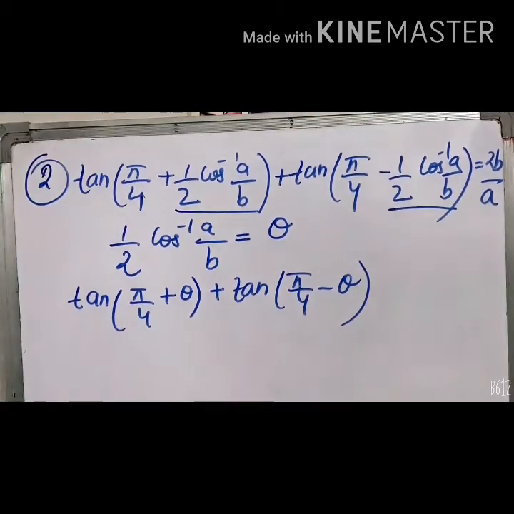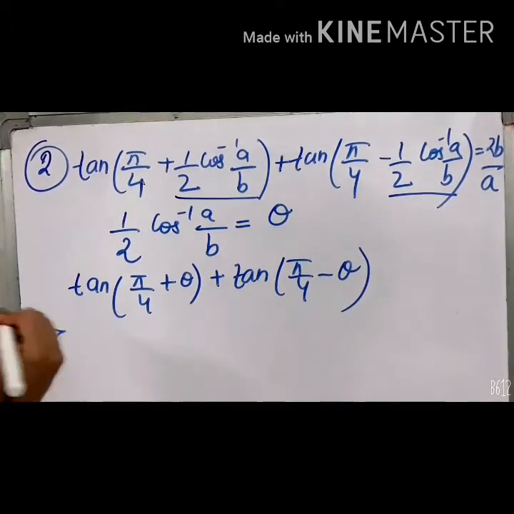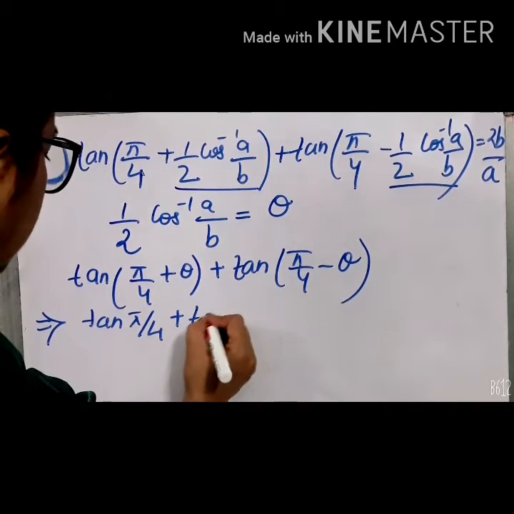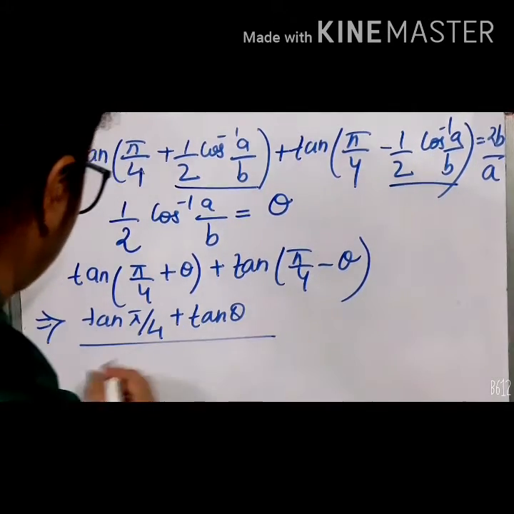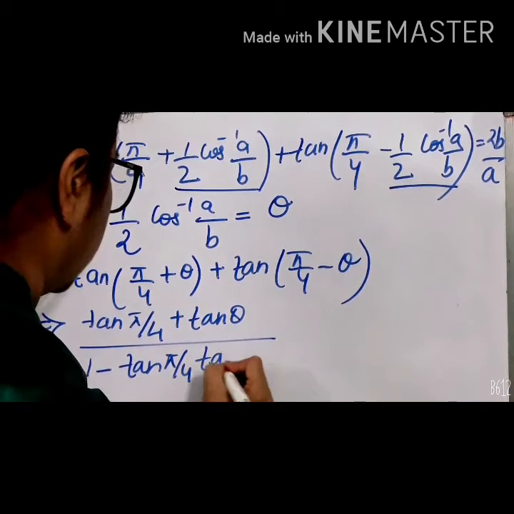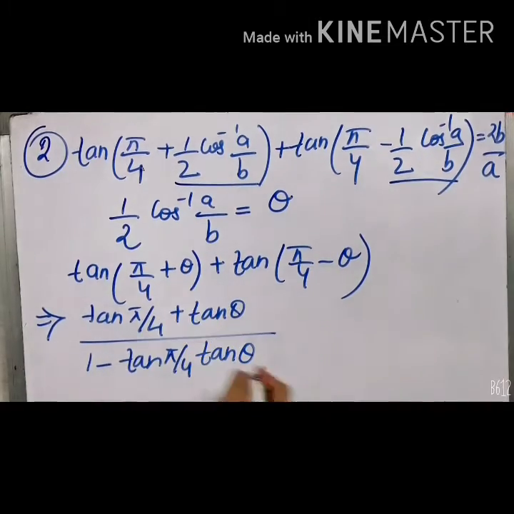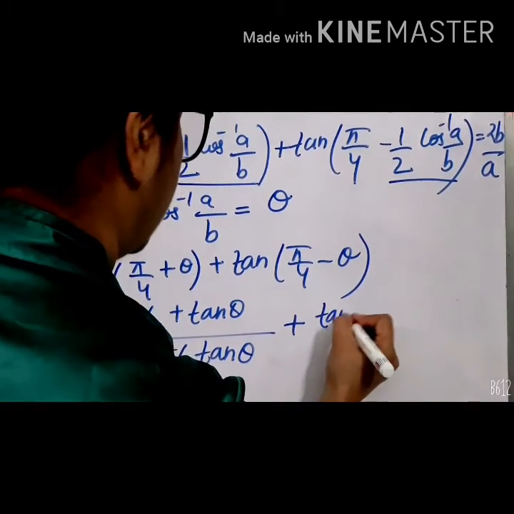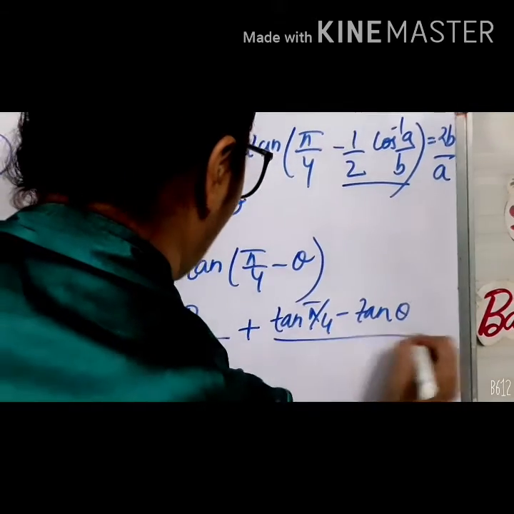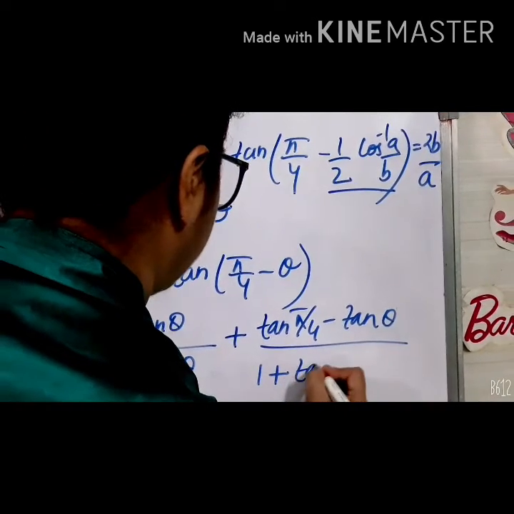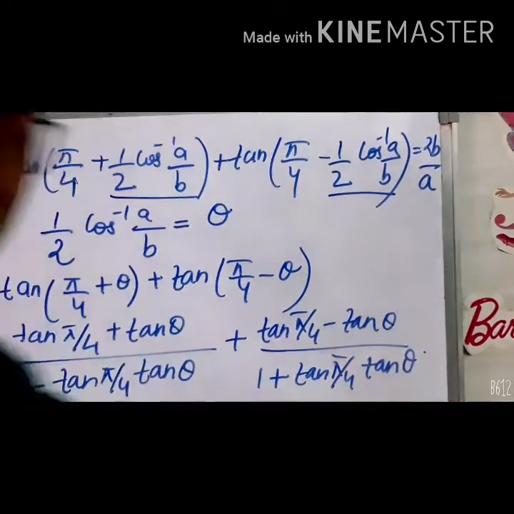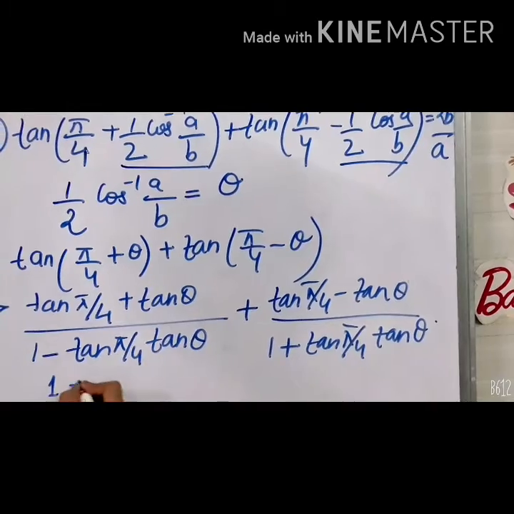What is tan A plus B? Use that formula: tan pi by 4 plus tan theta by 1 minus tan pi by 4 into tan theta. Similarly, here tan A minus B: tan pi by 4 minus tan theta by 1 plus tan pi by 4 into tan theta. Now, tan pi by 4 is 1.